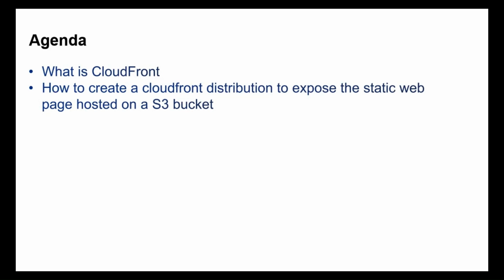We can also have an application load balancer or a classic load balancer. So there can be multiple sources where we can host our application. But for this video, I'm going to demo how you create a Cloudfront distribution for a content that is hosted on the S3 bucket, typically a static content hosted on the S3 bucket.